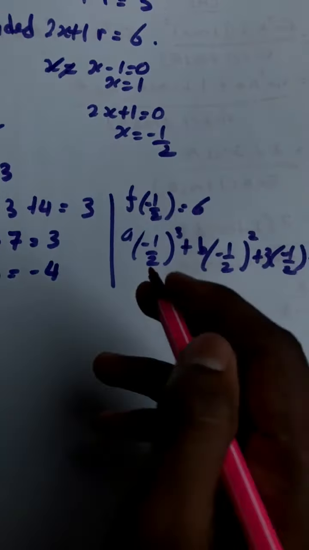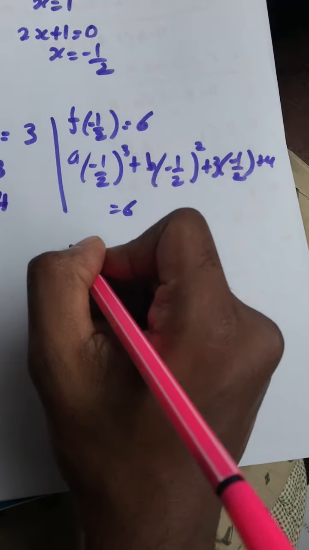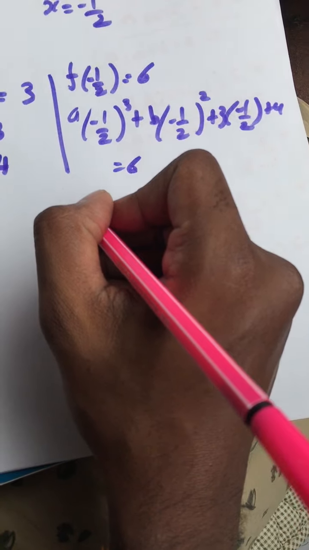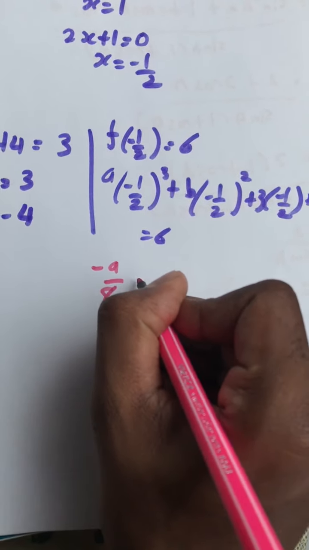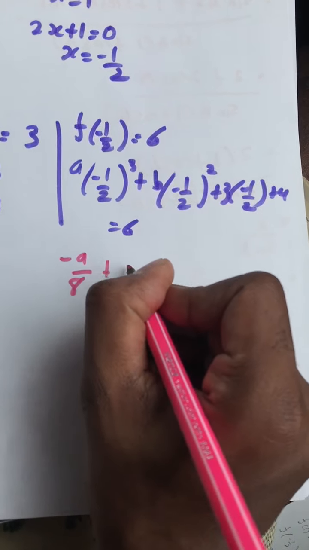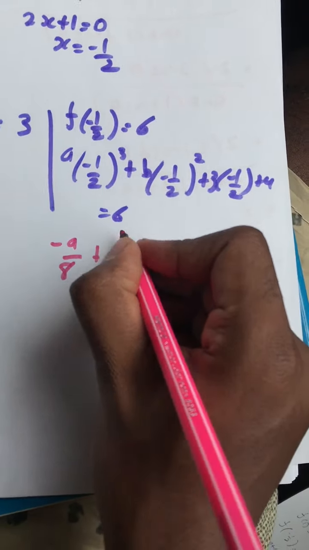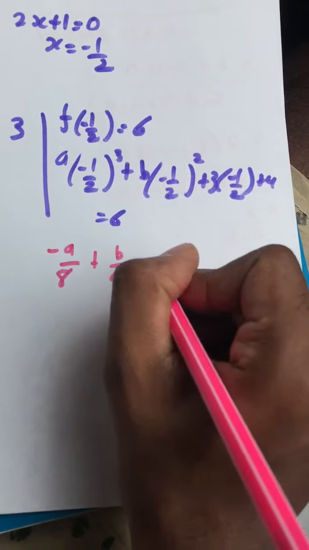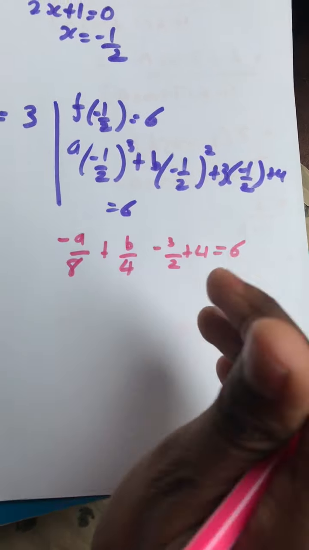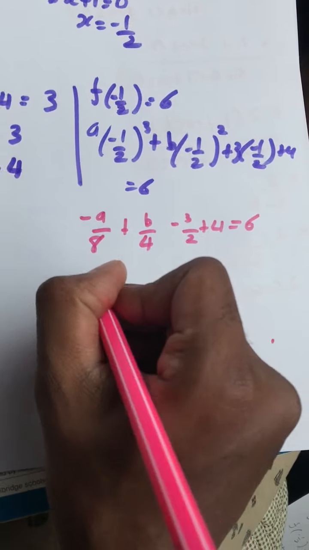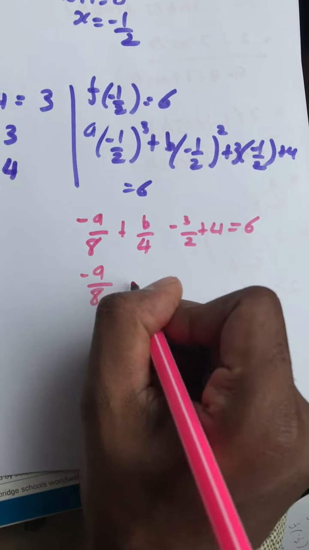Okay, so now we will solve this. After we solve this, this one should be negative a over 8, here should be plus b over 4, and here negative 3 over 2 plus 4 equals 6. I'm just going to use the calculator so I don't waste time.